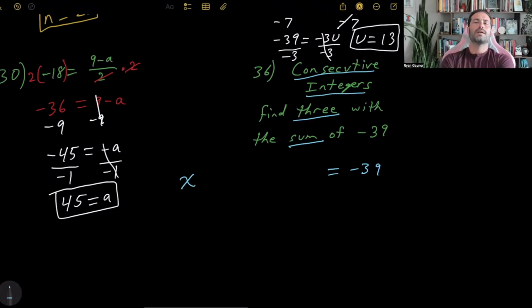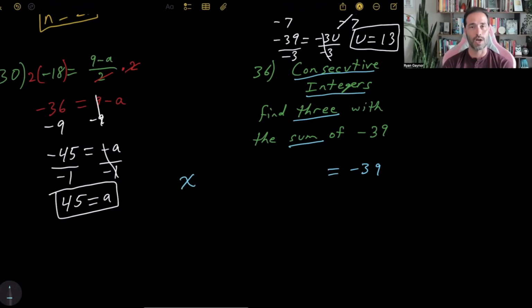Now, a consecutive integer means that they're in order. So if I start with x, the very next integer is just going to be x plus 1 because it's the very next number. For example, if x was 5, then the next number would just be 6.